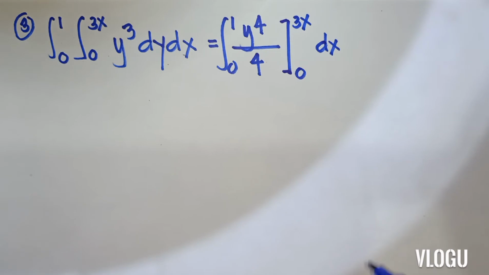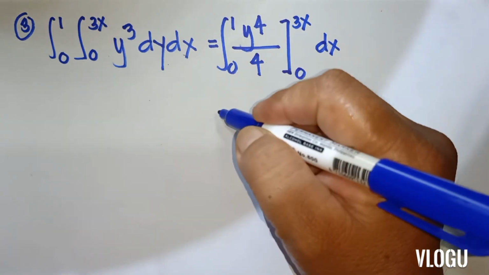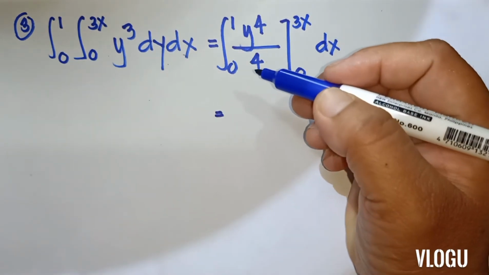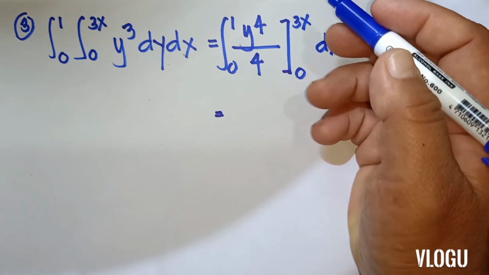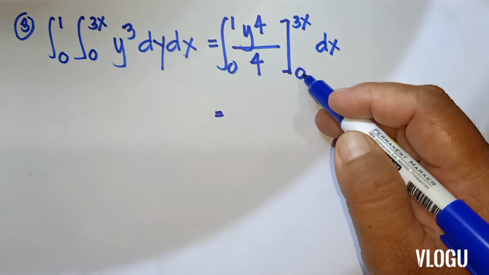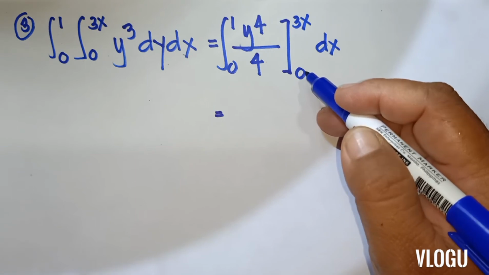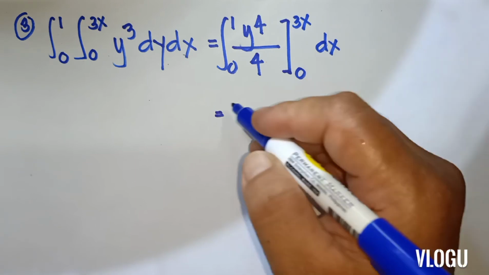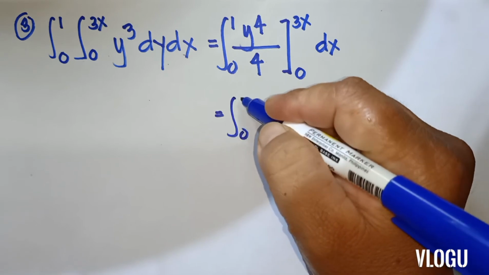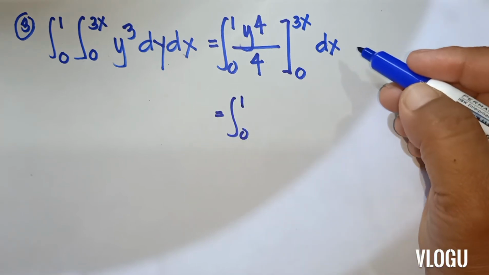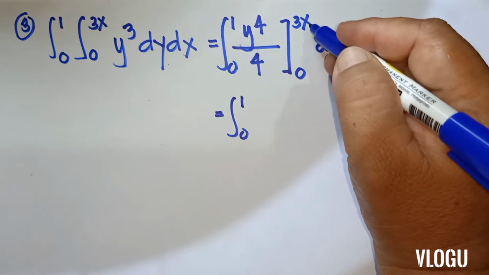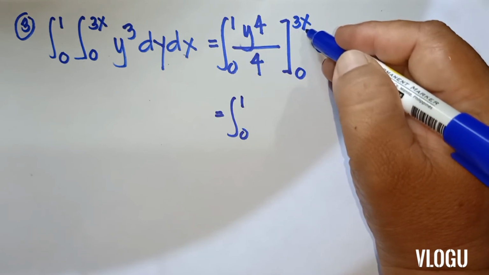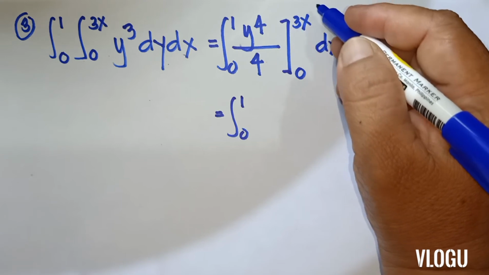So when you evaluate y to the fourth, your lower limit is 0, so you will have 0 to 1. Then you replace y with 3x raised to 4.